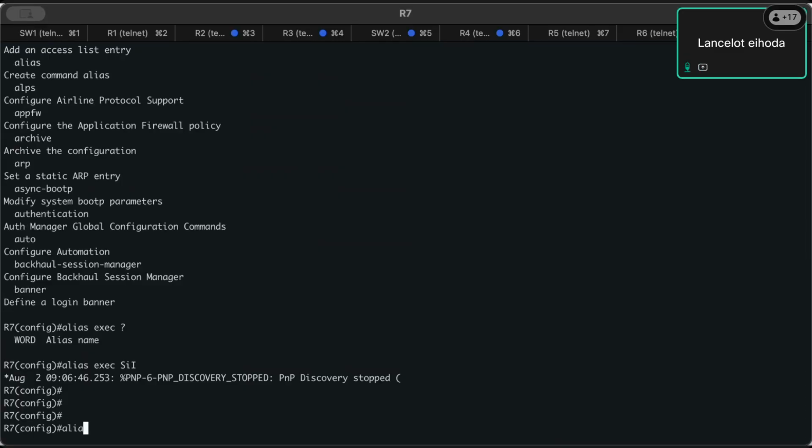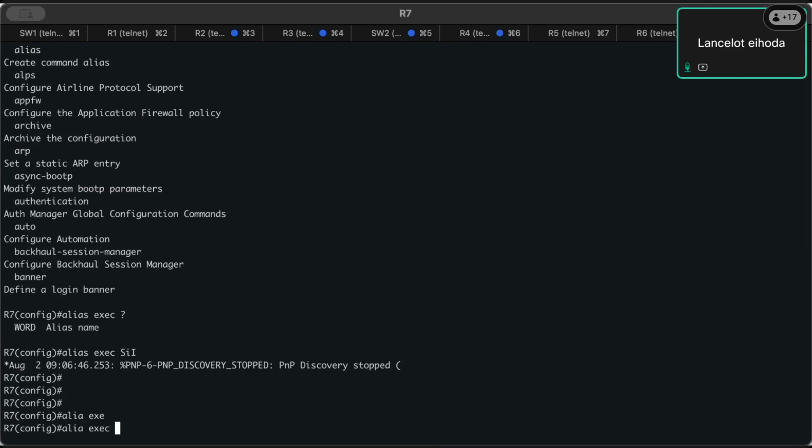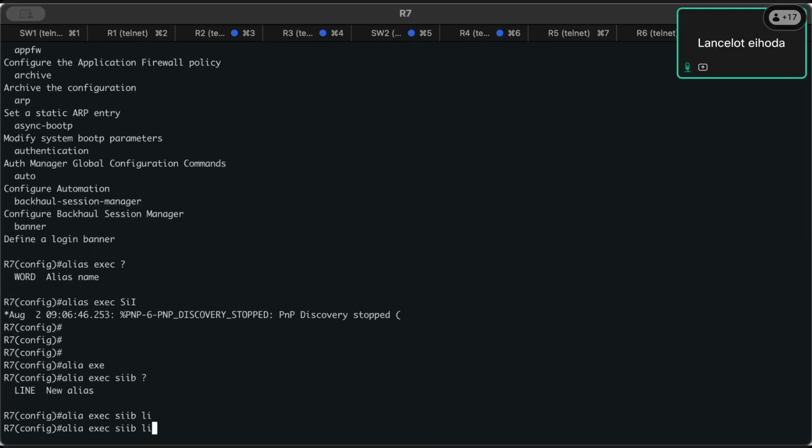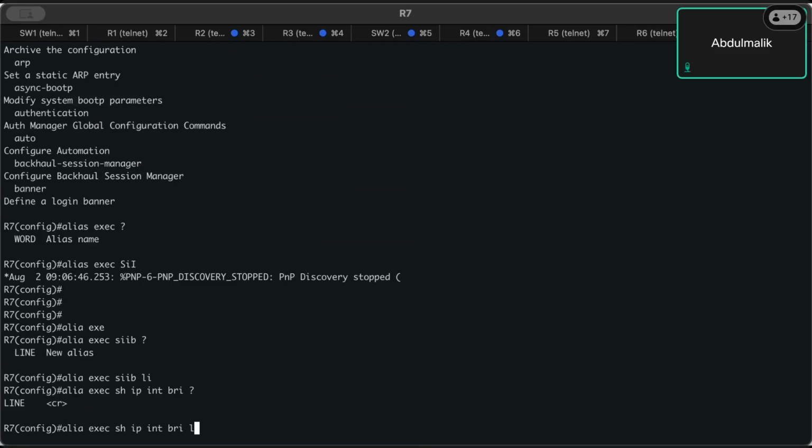Sorry. Alias an exec command show IP interface brief. And what's the line? Show IP interface brief. Then the line.